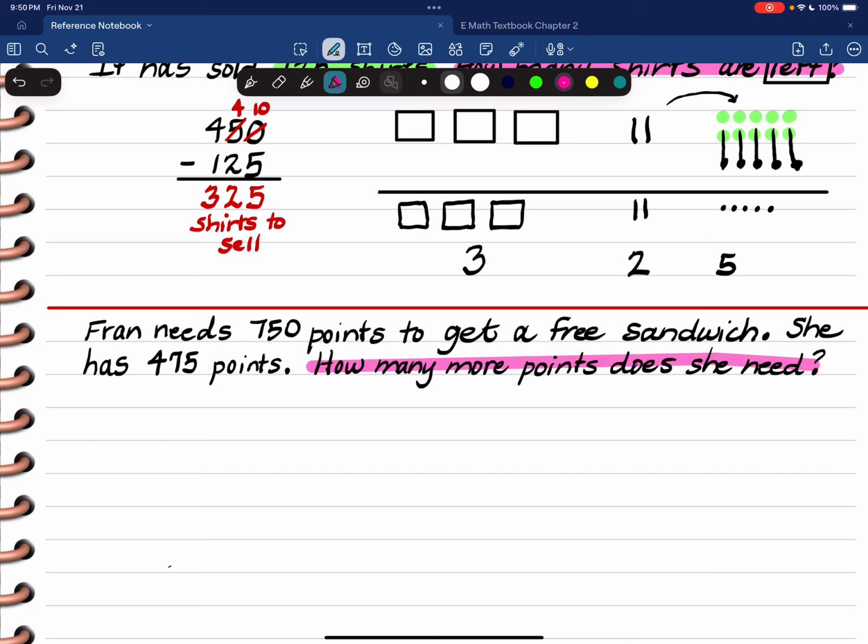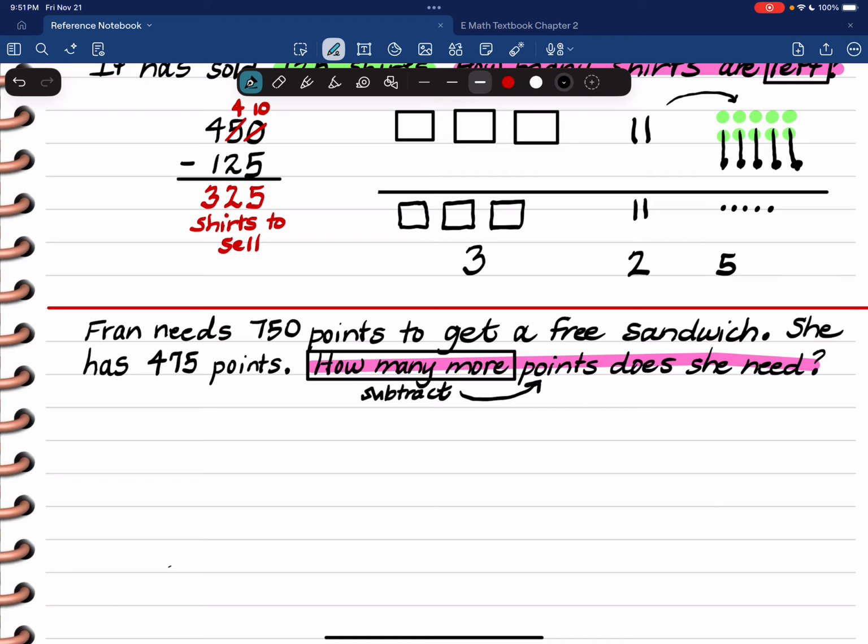And then I want you to put a box around this phrase: how many more? When you see that phrase in a question, you need to subtract. So if you're taking the HiSET or the GED and you're looking at your question, you need to subtract. What do you need to subtract? You need to subtract points.